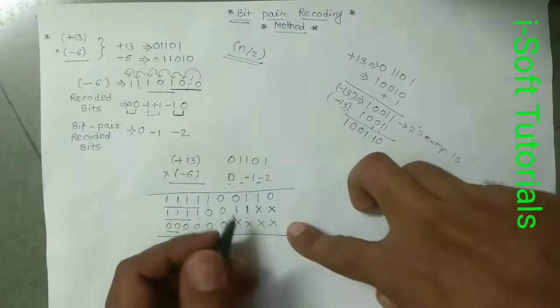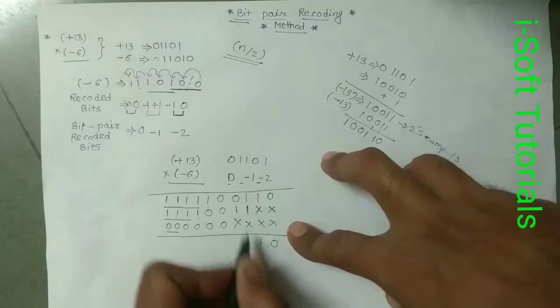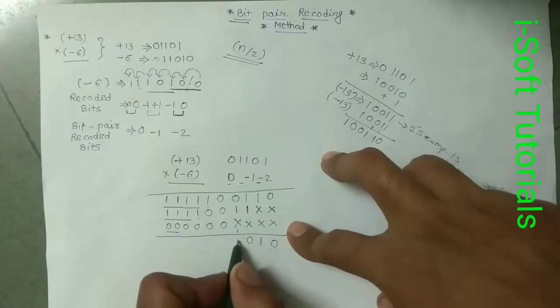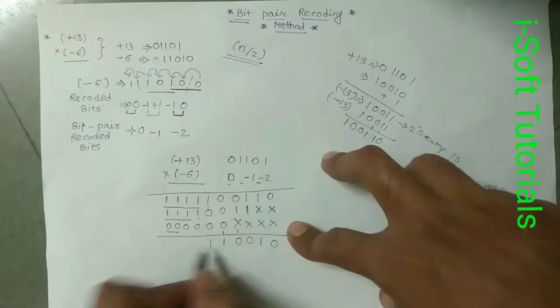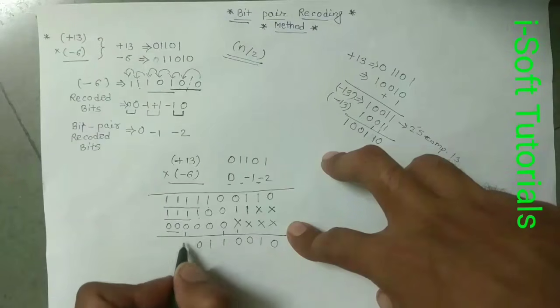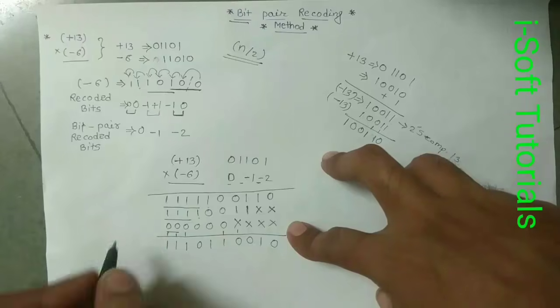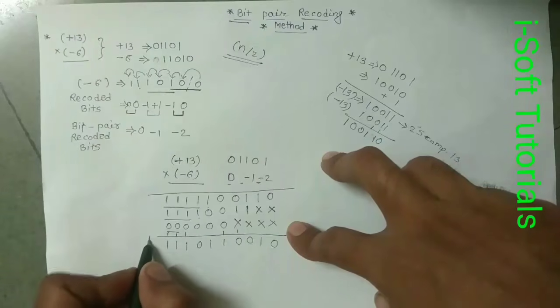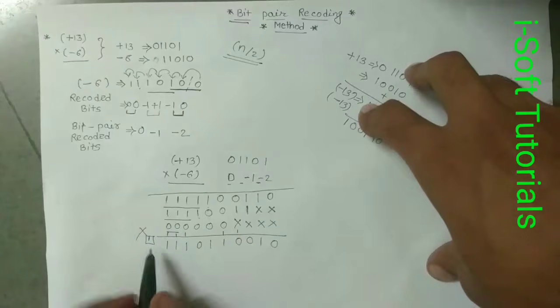Now add these subproducts and we will get the final result: 0, 1, 1, 1, 0, carry 1, 0, carry 1, 1, then 1, 1 plus 1, 0, carry 1, 1, carry 1, 1, carry 1, and then this carry we will neglect, we will not consider this carry.